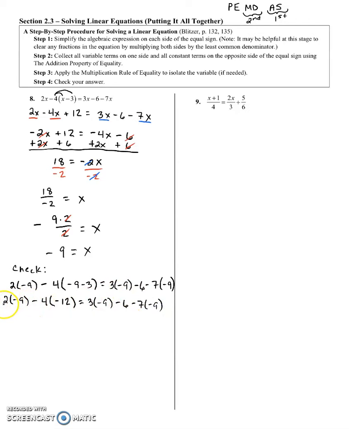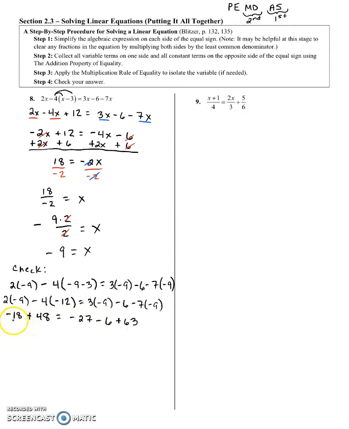Now, multiplication. So 2 times -9 is -18. -4 times -12 is positive 48, because it's a negative times a negative. That equals 3 times -9 is -27 minus 6. And -7 times -9 is a positive 63.